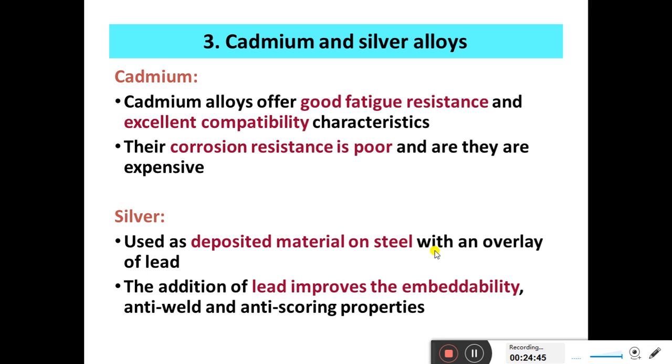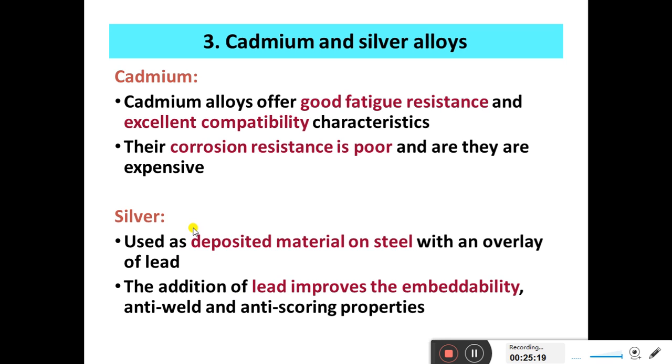Why? Because silver is costly. If you use it as a primary material, the cost increases. Okay, that's why it is used as a coating or deposit on the steel. The deposit may be in terms of microns, 10 microns, 20 microns, 30 microns, meaning a very, very thin layer. And in addition, if you add lead as an additive to the silver, it will improve the properties of silver.